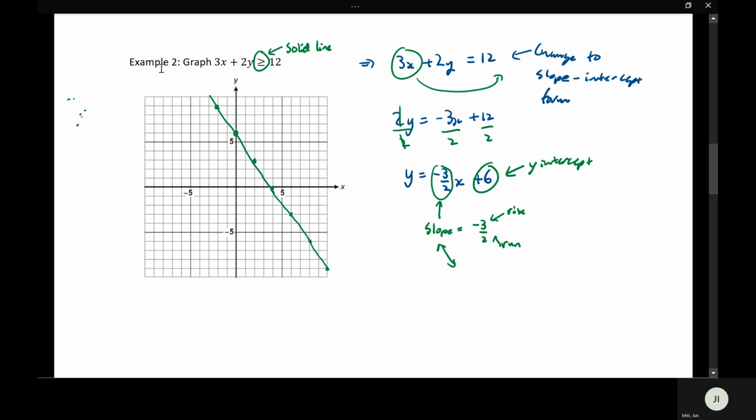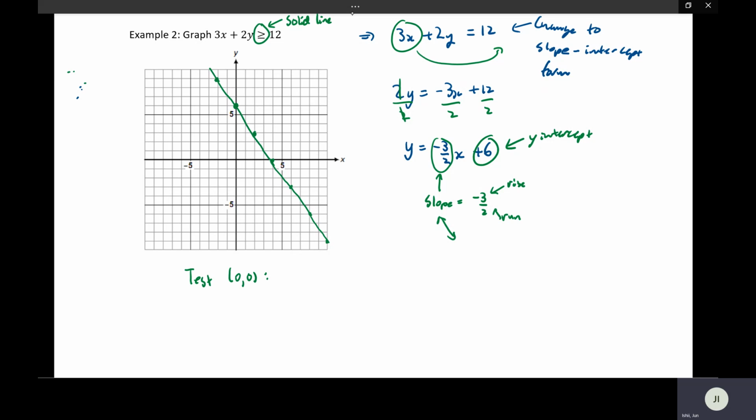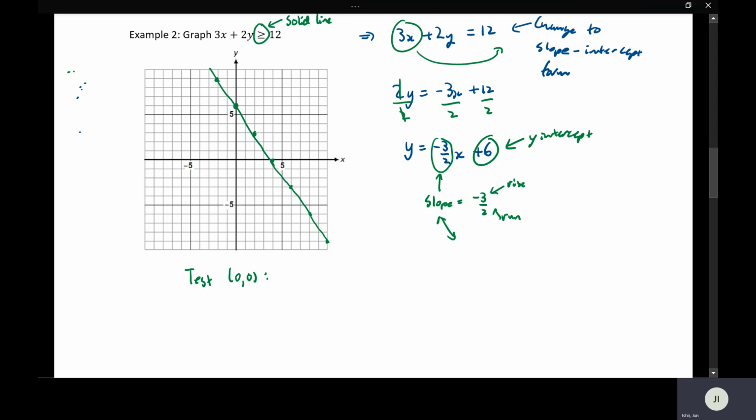All right. Now, before I actually, you know what, let's just finish this off. All right, so next up, just like we did in the previous example, we want to test it. And again, I'm going to test it with 0,0, since 0,0 is probably the easiest point to plug in as well. It's not on the line. So 0,0 is not on the line, so I can use it. So if I test it with 0,0, just get two different colors here.